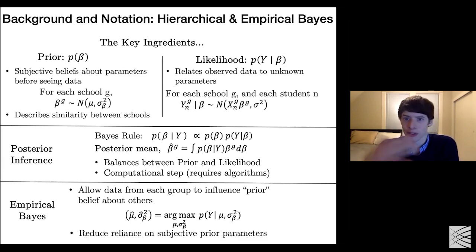And while this is a super strange thing to see if you're not used to it, because now we're kind of operationalizing double dipping into our data, it's going to reduce our reliance on these subjective choices of parameters, and in the end can lead to quite effective estimates in many cases.